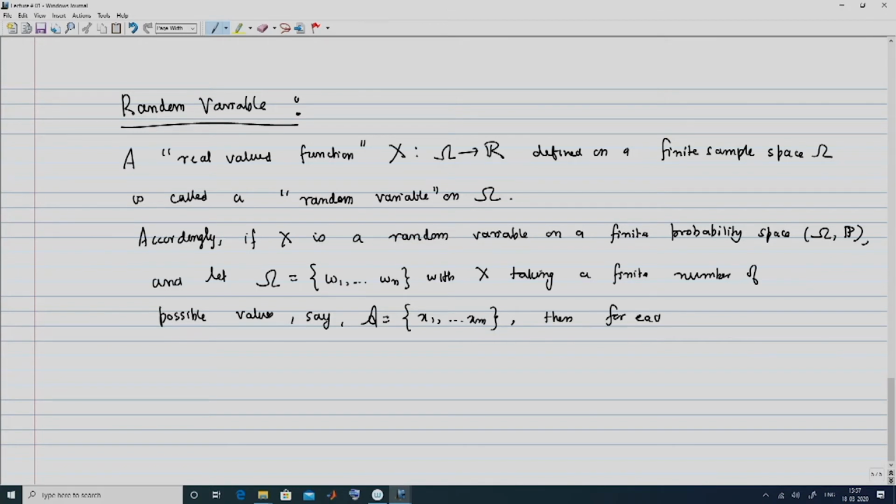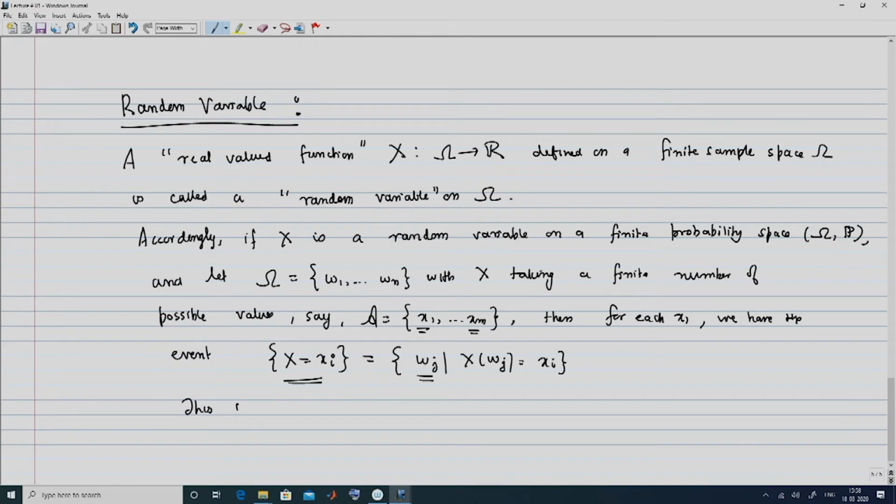Once we have set this set A of values the random variable can take, then for each of the xi's, that means x 1 through x m, we have the event, and why I am calling it an event will become clear soon. X can take any one of the values x 1 through x m. The event that X equals x I is nothing but the collection of all those omega j such that X of omega j is equal to x I. That means all those omega j's in the sample space which take the value x I are bundled together and represented as the event X equals x I in curly brackets.